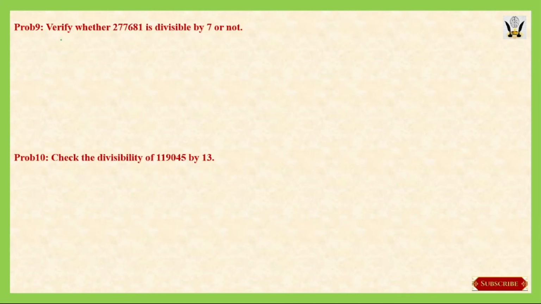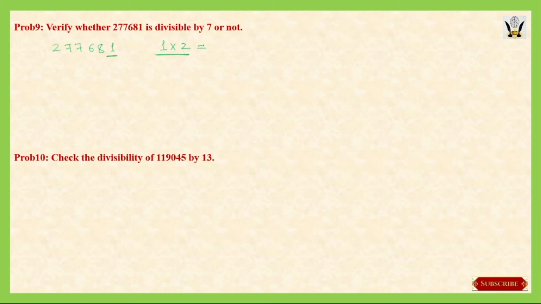Now the next problem says to verify whether this number is divisible by 7 or not. To check the divisibility by 7, we have to know the rule. The rule says that from the given number, 277681, we choose the digit at the units place and multiply that digit by 2.